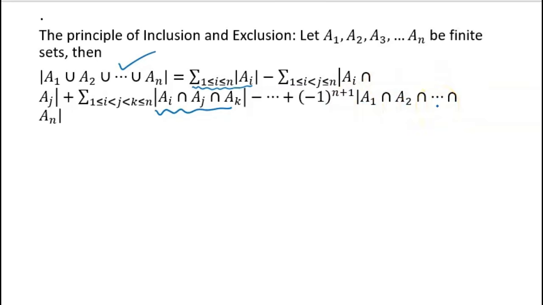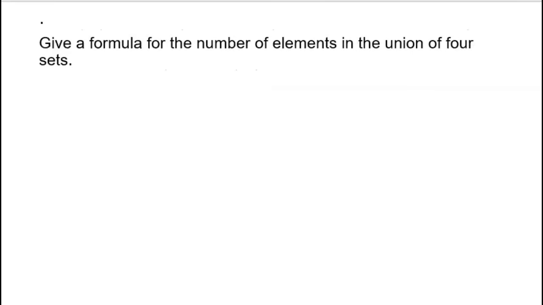I think if you are getting confused with this, I am taking one example which will help you understand this better. Suppose I ask you to give me a formula for the number of elements in the union of four sets, A1 union A2 union A3 union A4.